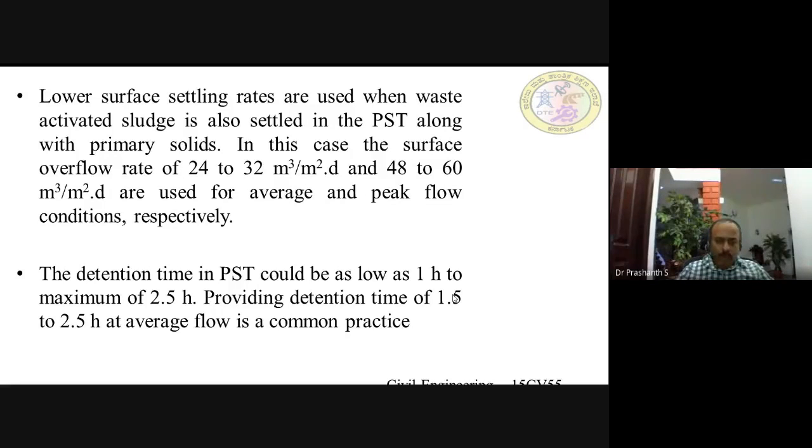You can go for 4 hours, 5 hours, but if the detention time increases, understand, the amount of wastewater that can be treated will definitely come down. So usually we maintain a low detention time. Providing a detention time of 1.5 to 2.5 hours at average flow is common practice.